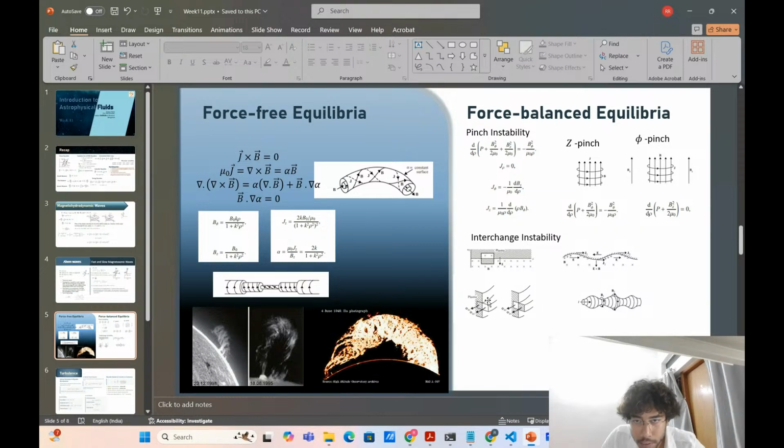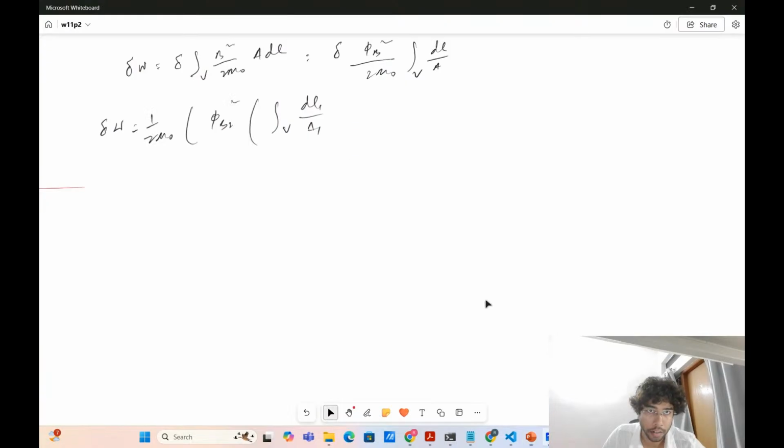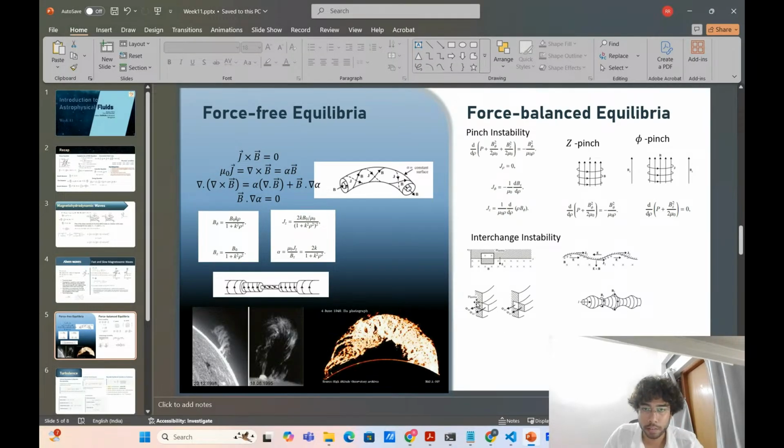So this was the 2 region. Sorry, this is the final energy, because we are integrating over the length and the area of the one region.